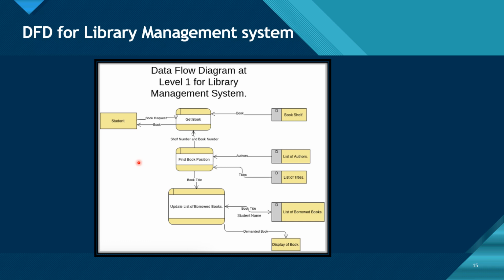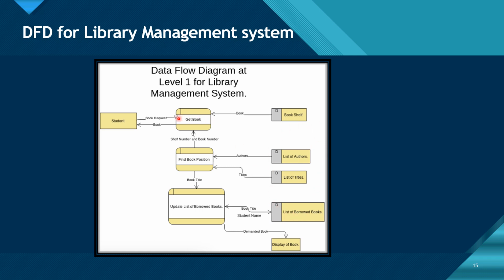Here is an example of a data flow diagram for representing a library management system. Here, a student is used, which is an external entity whose name is student, and these arrows are representing the flow of data within the system or between the processes. And this bookshelf, list of authors, list of titles, and list of borrowed books are representing the data storage where the data is stored.